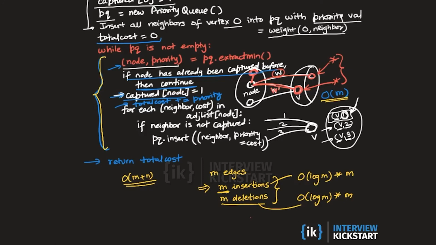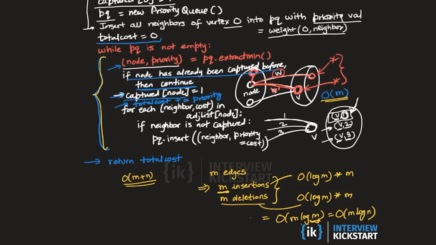So the total complexity, as you can see here, is order m log m, and because m is at most n square, log of m is basically the same as order log n as we've seen before, so I can write this as order m log n.